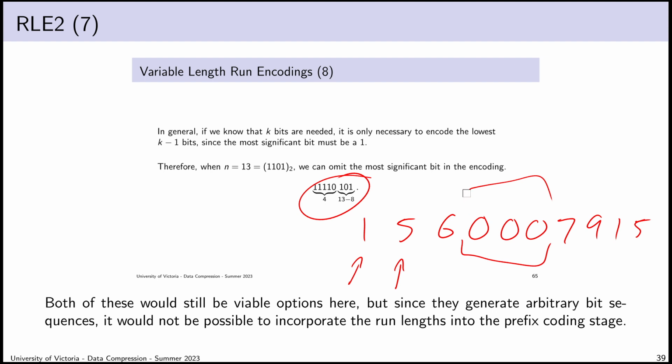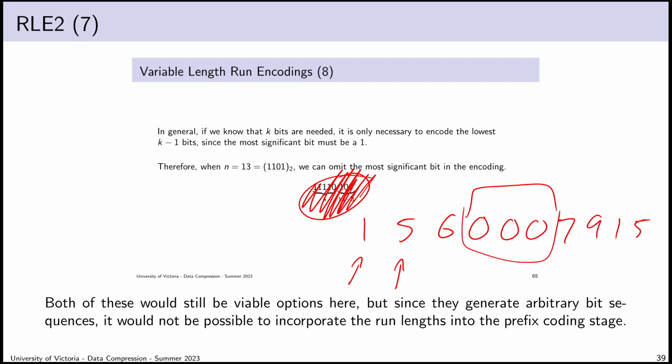What BZip does, though, is that what comes out of the RLE2 stage is entirely a bunch of symbols that can then receive prefix codes. No raw bits get generated. Instead, a binary representation gets generated that gets encoded in regular symbols. And so we actually create new symbols that we can use to encode our run lengths. In this case, I have a run of length 3.